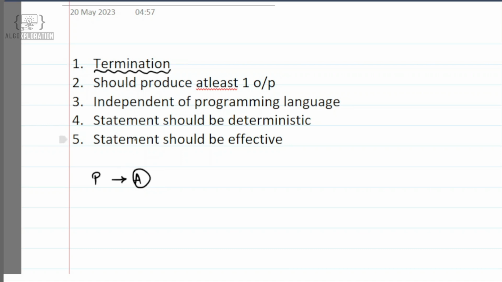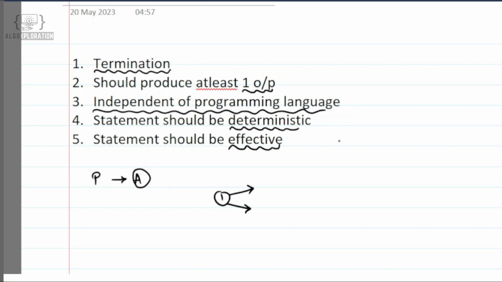The second point is that it should produce at least one output. The third point is that it should be independent of programming language. The statement should be deterministic, that means one statement should not have two meanings. And it should be effective.